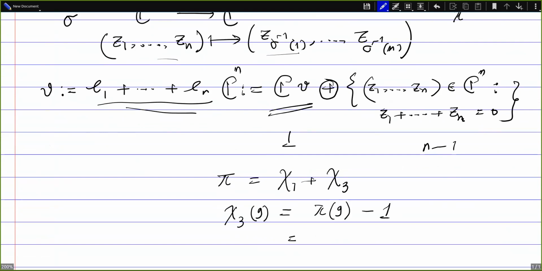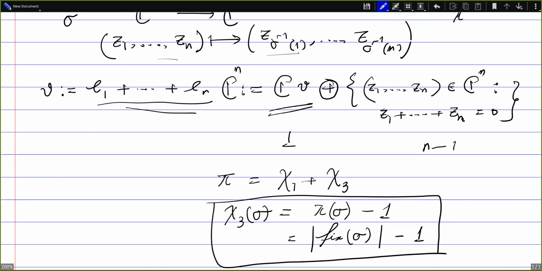And what is pi of g? For any action, the character of the permutation representation is just the number of points which are fixed by g. Here we are using the notation sigma, so the number of points fixed by sigma, minus 1. So this is what we know for this character chi3.